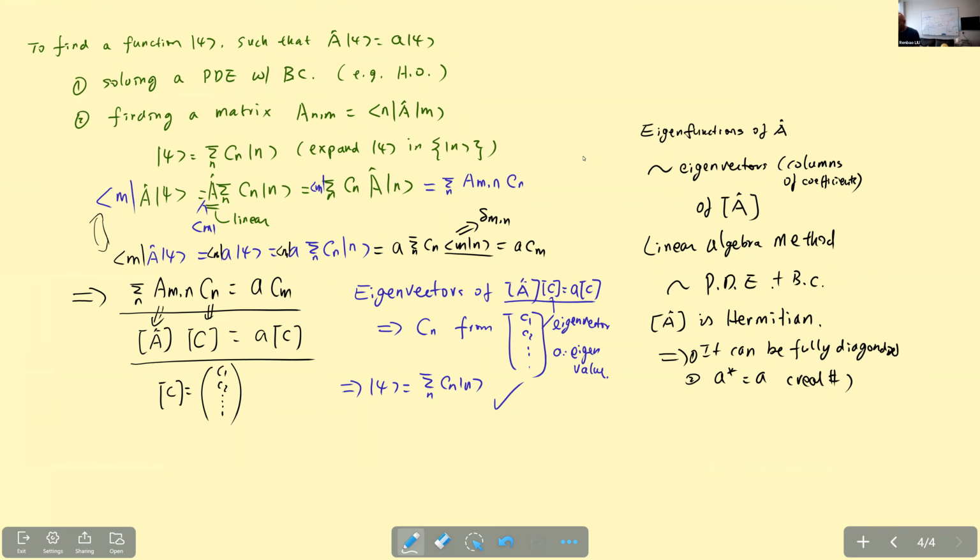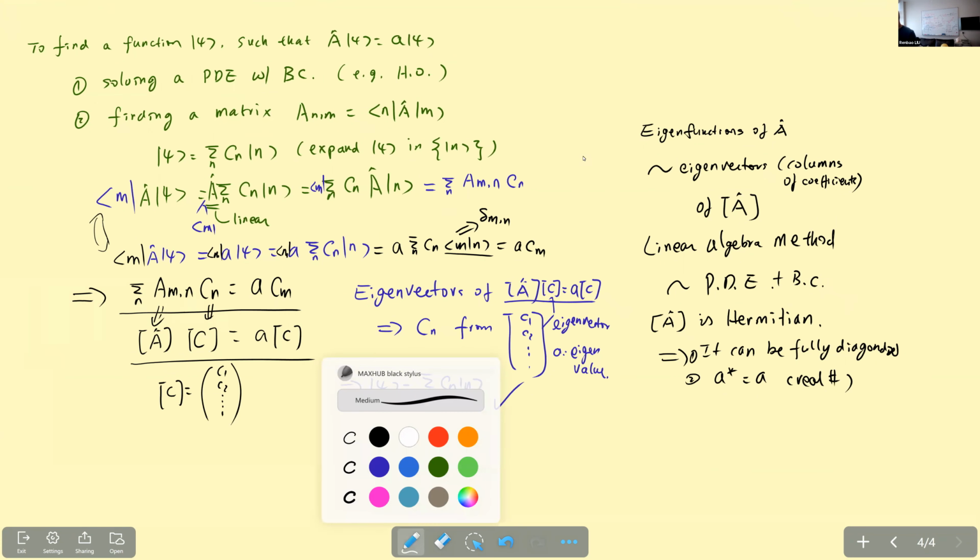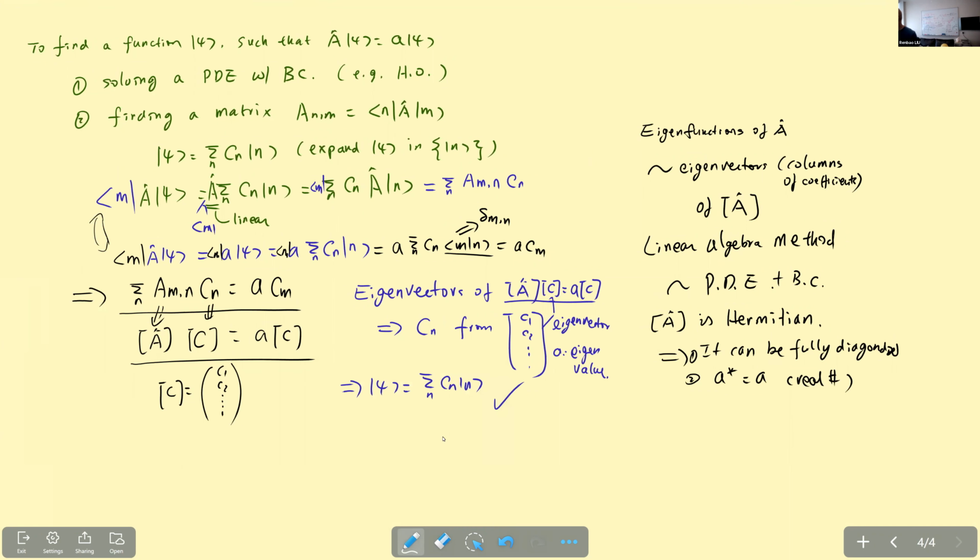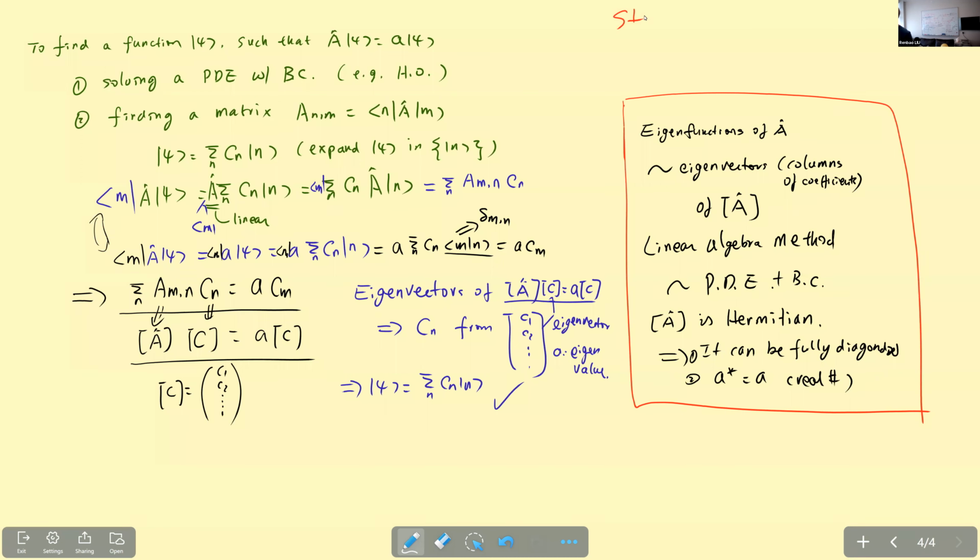Okay, so this gives us another method to find the eigenstates of an operator. You basically first of all transfer this into a basis, step one, have a basis. Step two, find the matrix A_mn. And step three, diagonalize this A matrix.